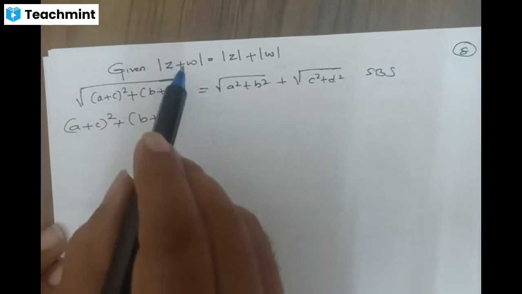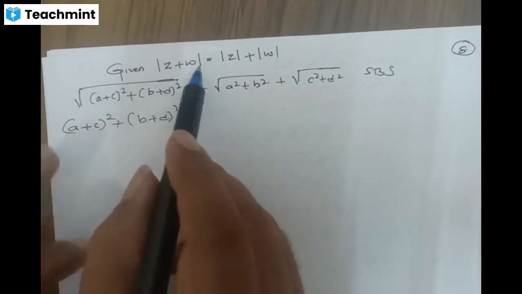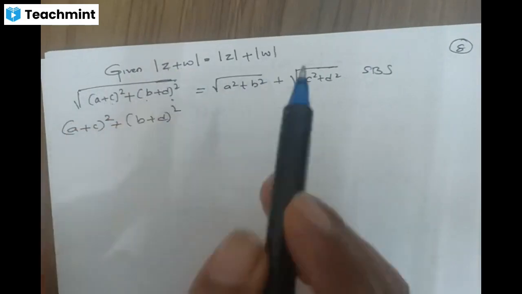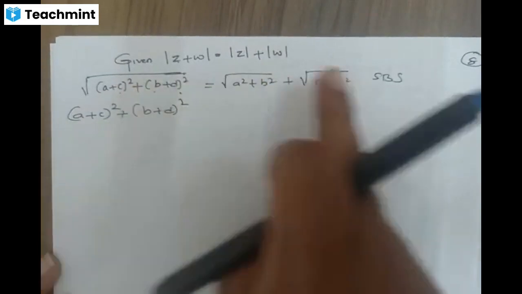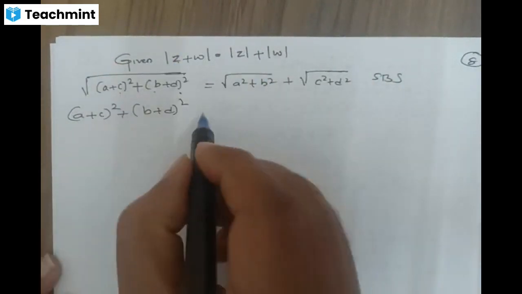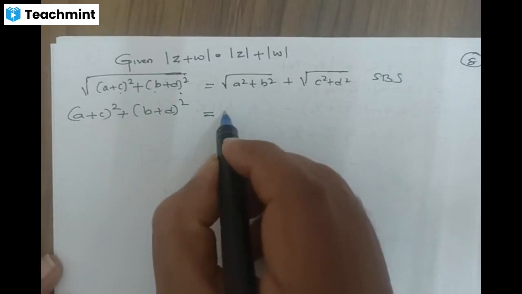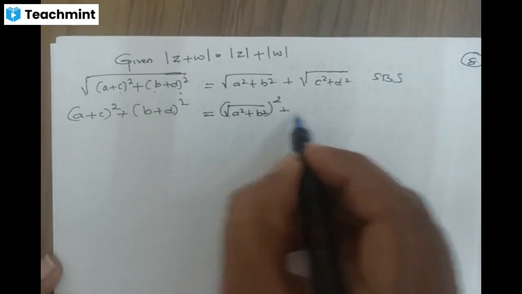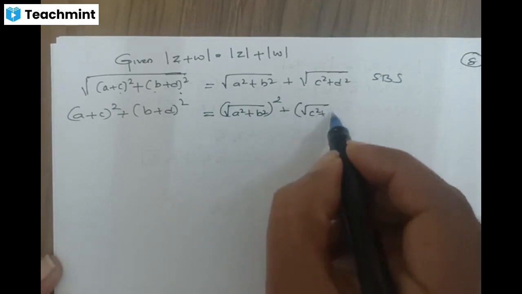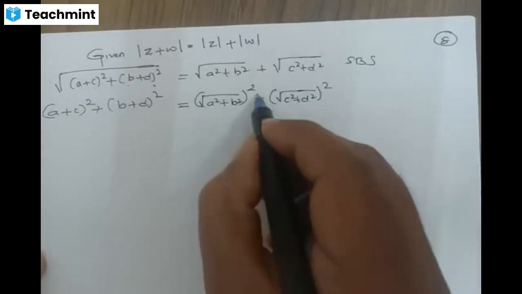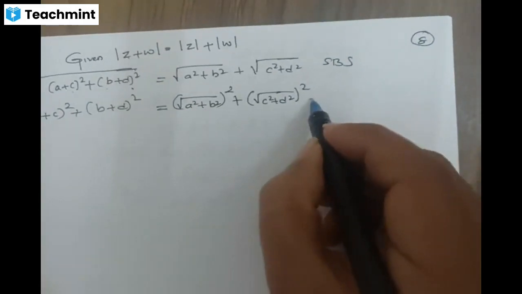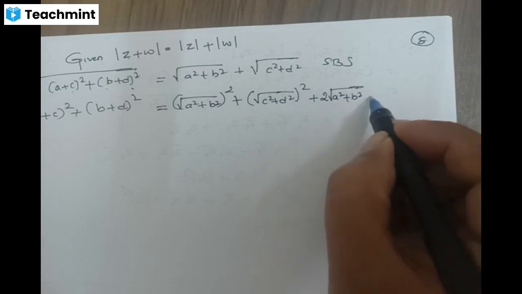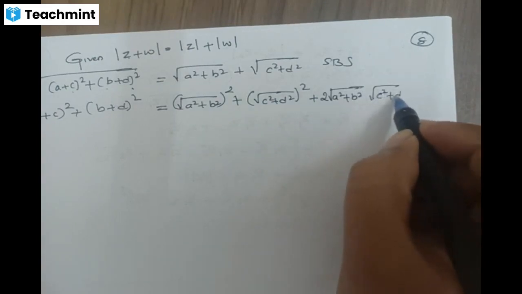Here we are just adding two complex numbers; the sum has real part and imaginary part, so it is root of real part whole square plus imaginary part whole square. After writing this, I am squaring on both sides, and root and square get cancelled. On the right, it is root of a square plus b square whole square plus root of c square plus d square whole square plus 2 into root of a square plus b square into root of c square plus d square.